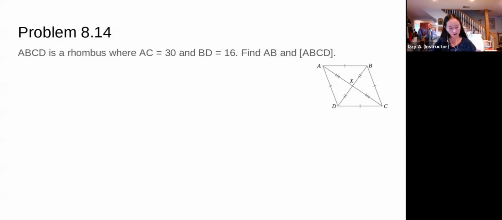I'll leave this up here and see if you can figure it out. If somebody wants to let me know verbally or in the chat that you've figured it out, then we can go over the answer. But if people are still trying to figure it out, then we can go to the whiteboard and figure it out over there.